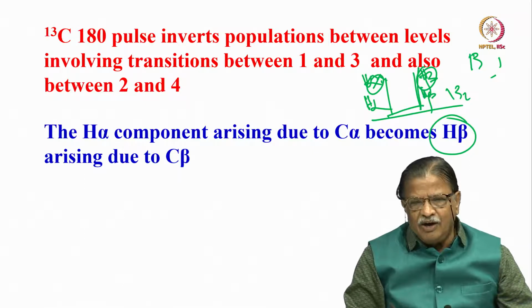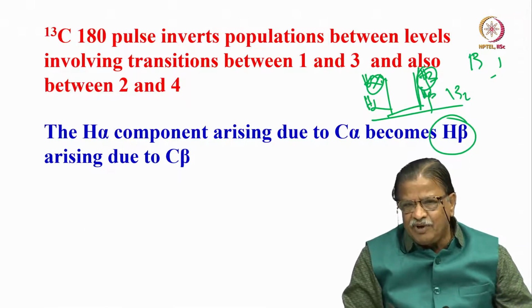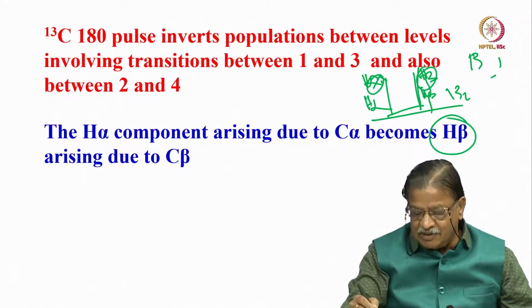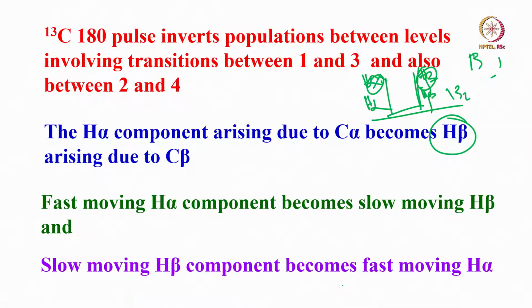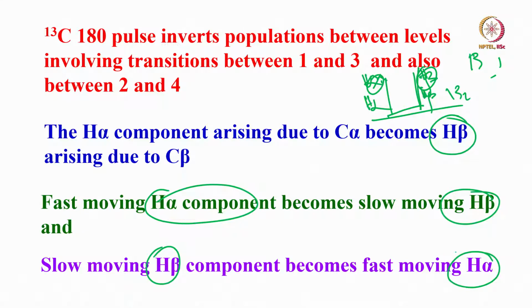Okay. So now the H alpha component arranged to C alpha becomes H beta, and similarly H beta becomes H alpha. That means the fast moving component becomes slow moving and the slow moving component becomes fast moving. When you interchange these two, this is what is going to happen. The application of the 180 pulse does something like this on carbon 13.